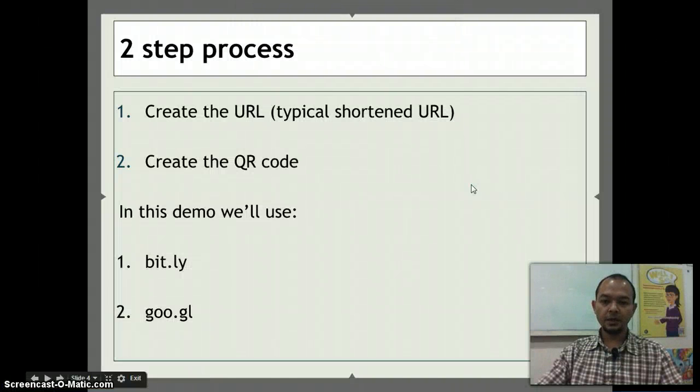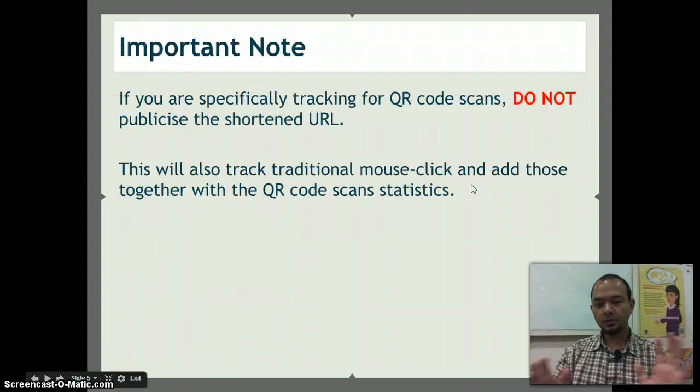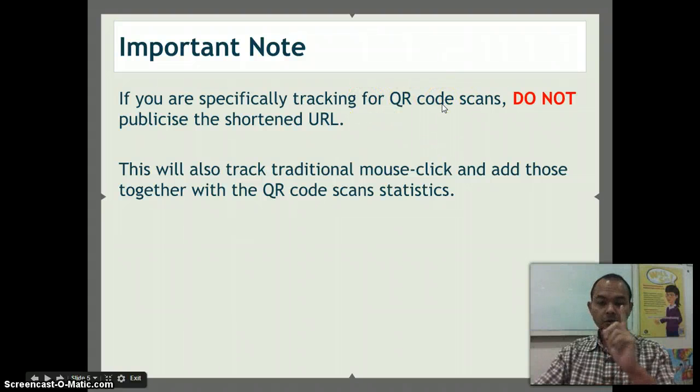is that if you are only tracking specifically QR code scans, do not publicize or share the shortened URL. The reason being, if you share the URL and people access it via a mouse click, it will add to the stats together with the QR code scans.